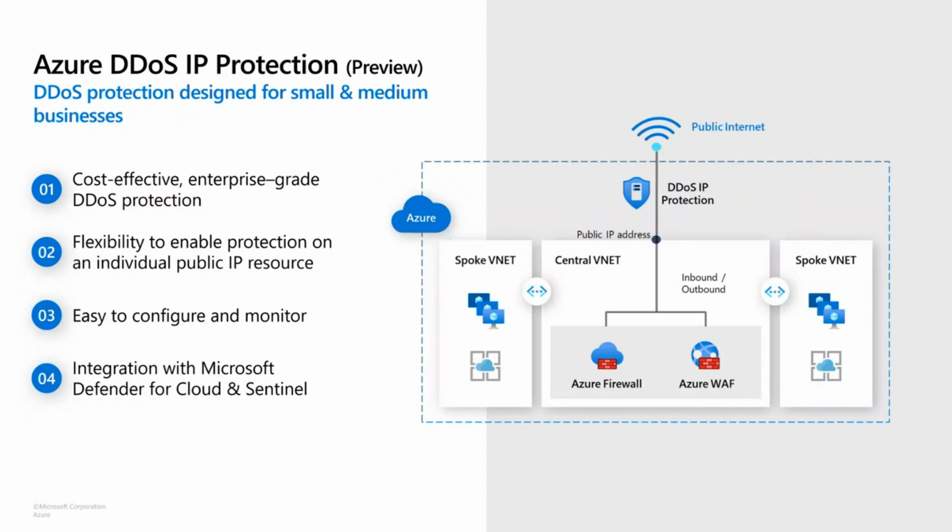Now, DDoS network protection is enabled and attached at a VNet level. You create a DDoS plan and can have multiple VNets attached to it, so it will protect all those VNets, meaning all the public IPs on those VNets, and you don't have to do anything.